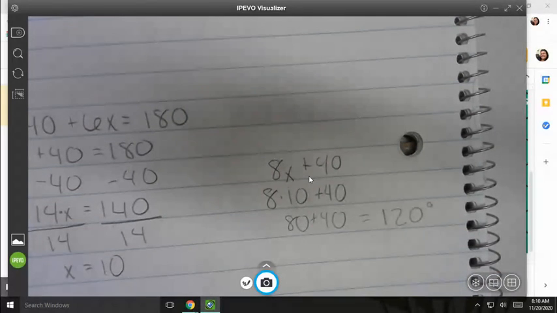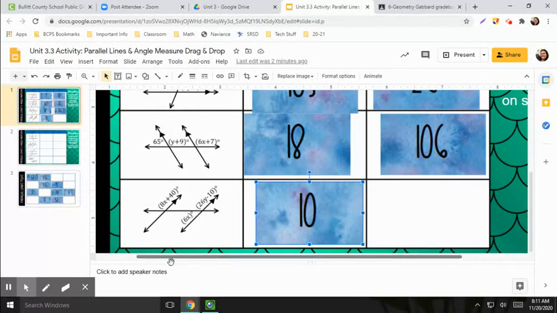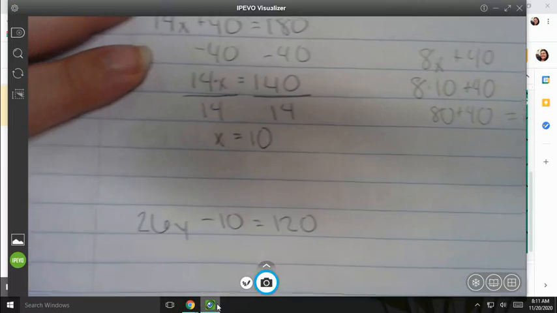So we know that this angle, this 8x plus 40, is 120 degrees. So if this obtuse angle is 120 degrees, then this other obtuse angle is going to be equal to it. So now we can say that 26y minus 10 equals 120 degrees, and we can easily solve through for that.